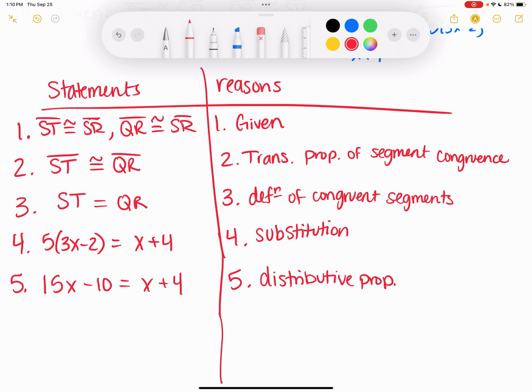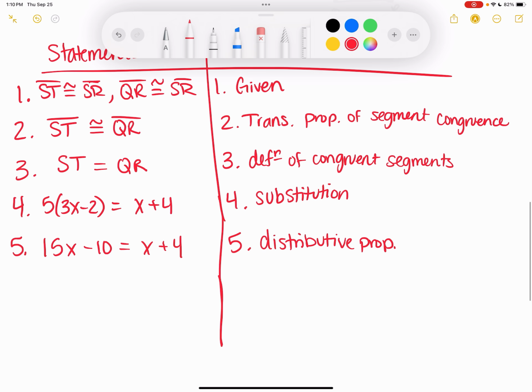Also, there's nothing that says I can't solve this all the way down and go back and write my reasons after. If you feel like you're going to get confused by bouncing back and forth, you could solve the entire equation and then go back and write your reasons. Just remember, if you do 2 different types of things in the same step, you're going to have to go back and change it because we can't do that.